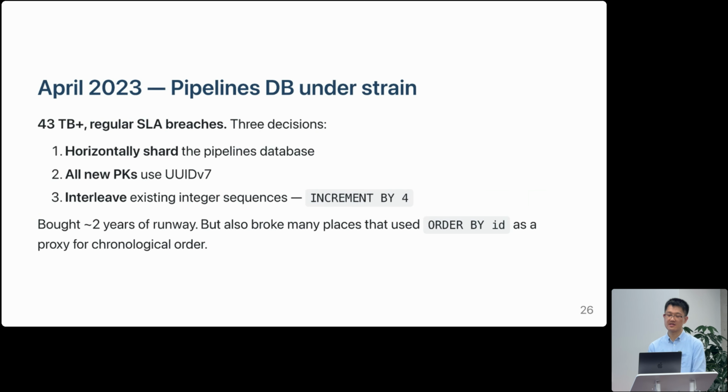It brought us some runway, but it also meant that you can't rely on IDs being chronologically ordered anymore. So that was a bit of a downside.